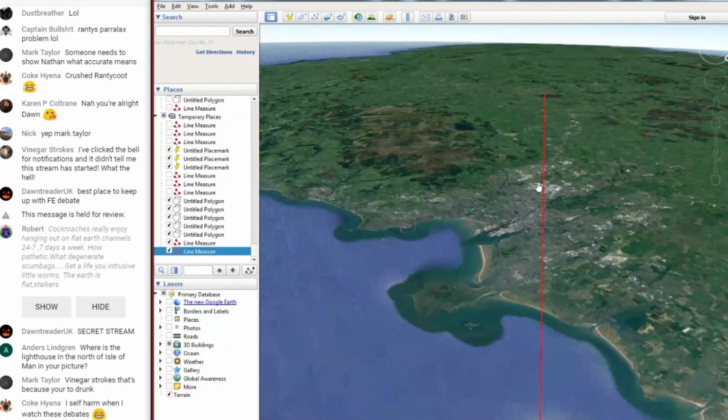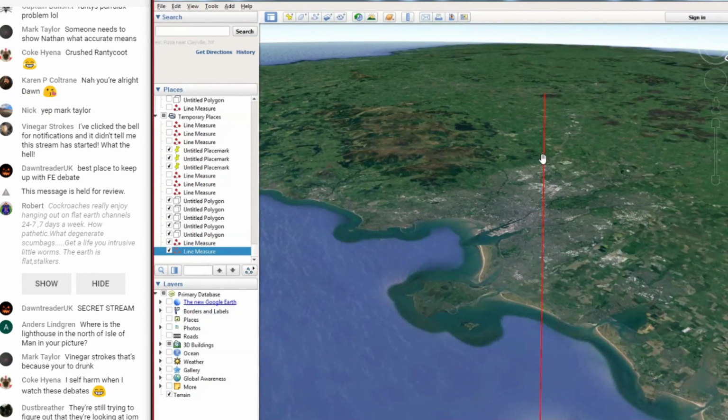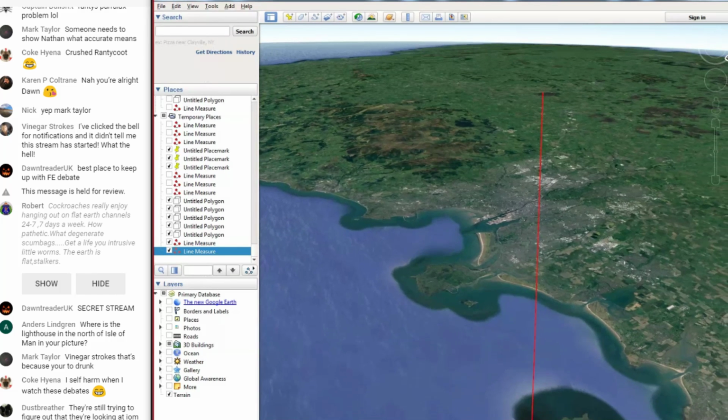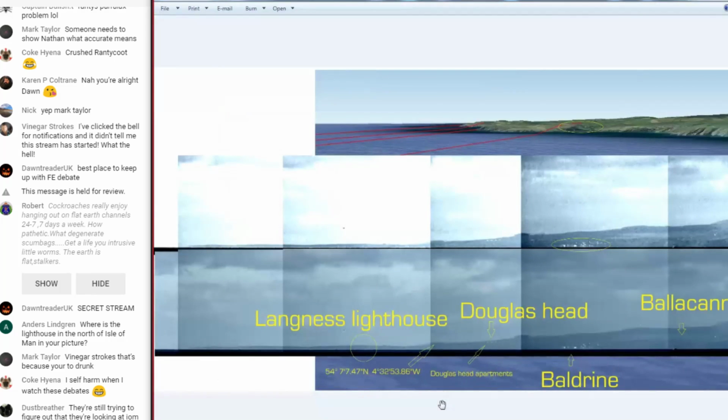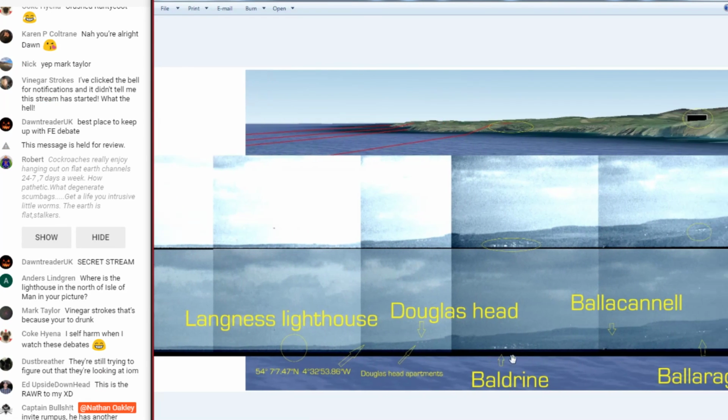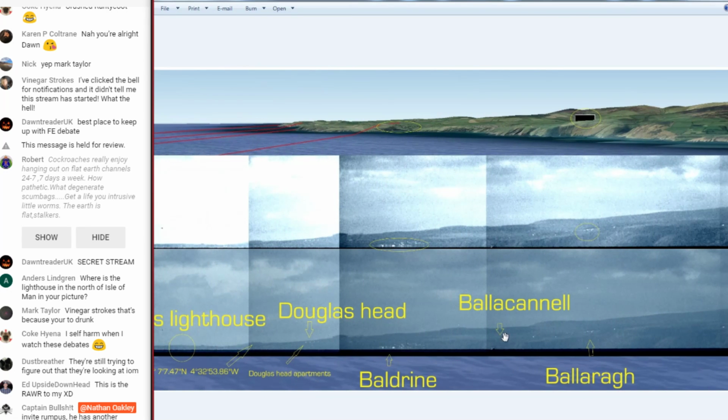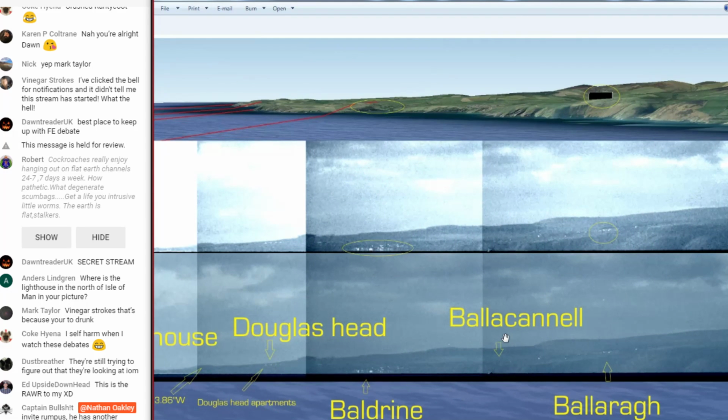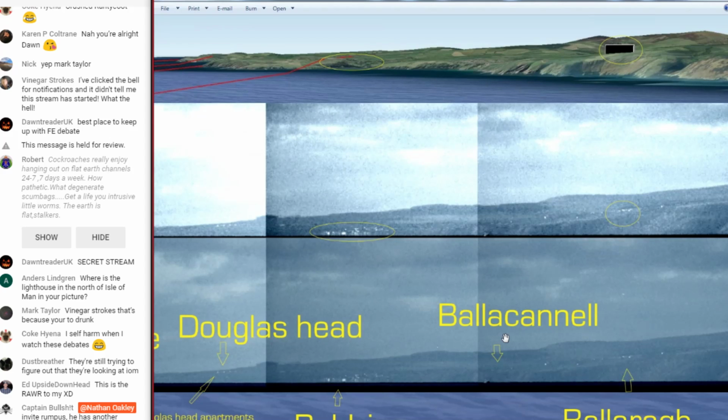Just one last thing before we go. Ranty, go back to your composite, please, the one with the labels on it. Can you see that Ranty's got Baldrine and he's got Balacanel identified on the right-hand side? This is where you guys are getting this wrong. Balacanel sits at an elevation, according to Google Earth, at 250 feet.